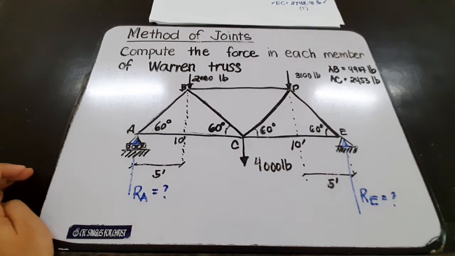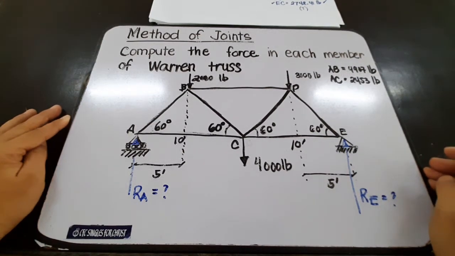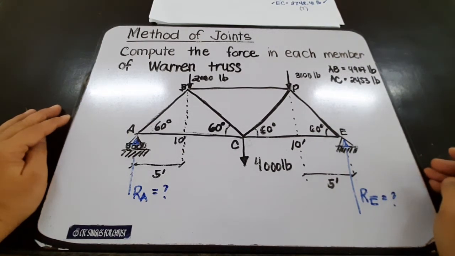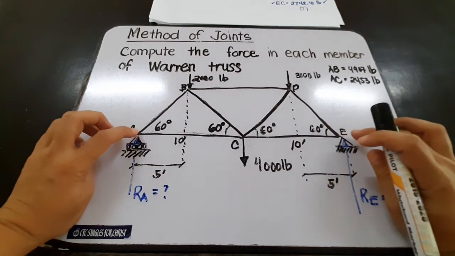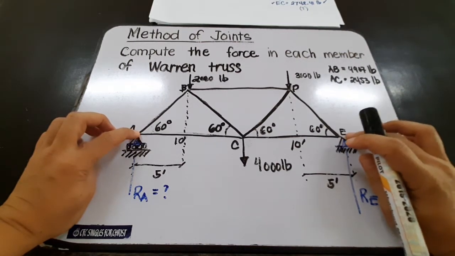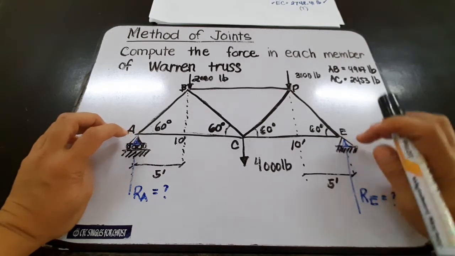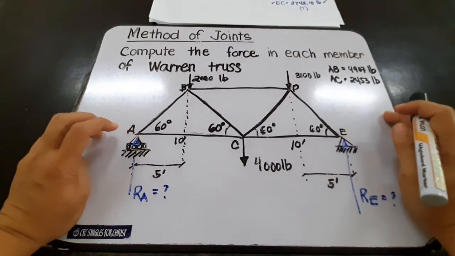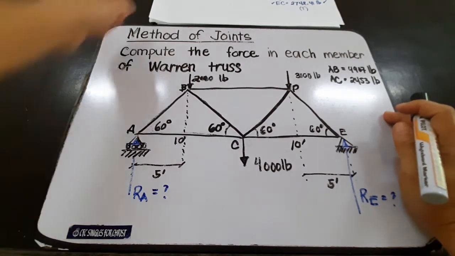In using the method of joints, it is much better if we select the joints at which the reaction occurs, because we are very sure that the direction of the reaction is correct, and so we can safely assume directions of the forces of each member.